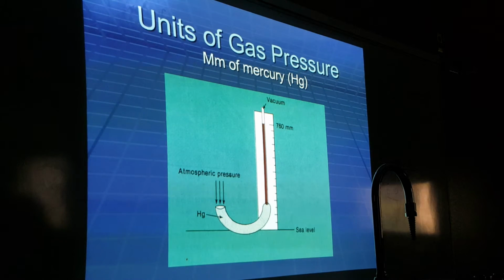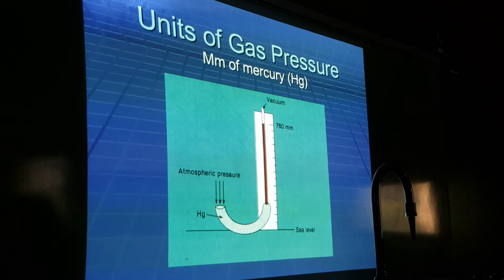Units of gas pressure, we talked about that. It's convenient for us to use millimeters of mercury. If you take a big long tube and fill it full of mercury, open at one end, hold your finger over it, turn it upside down, and put it in a dish of mercury, it'll run down a little bit, but it doesn't run completely out because the atmosphere is pushing down.